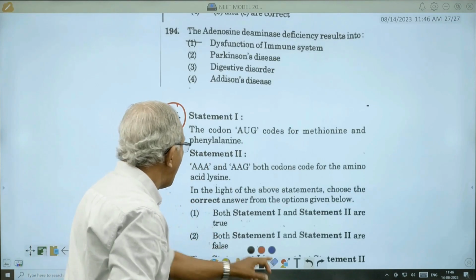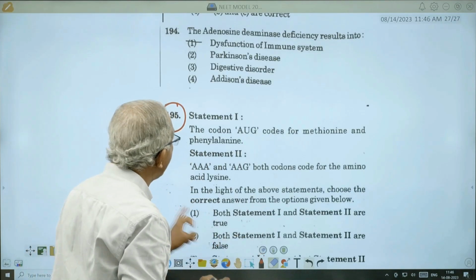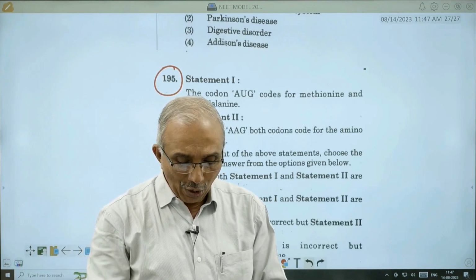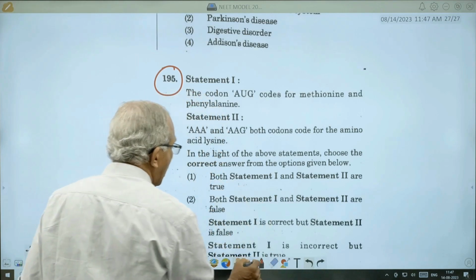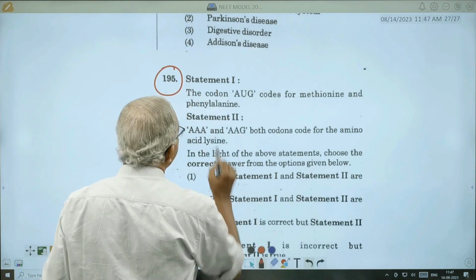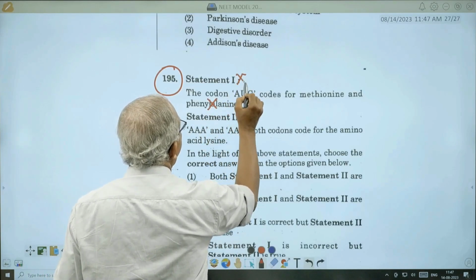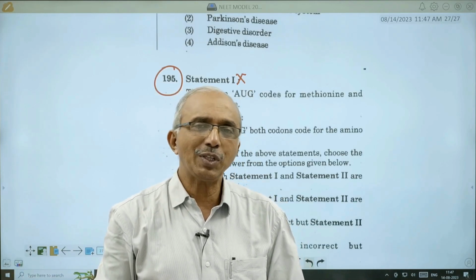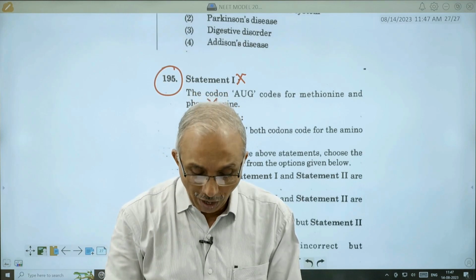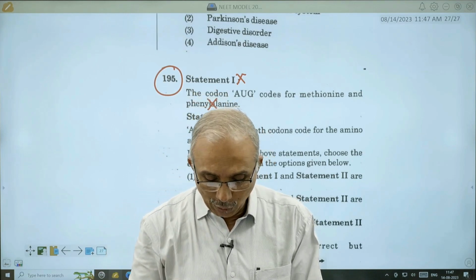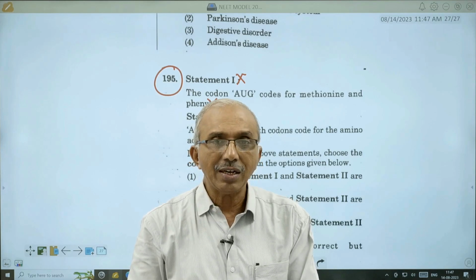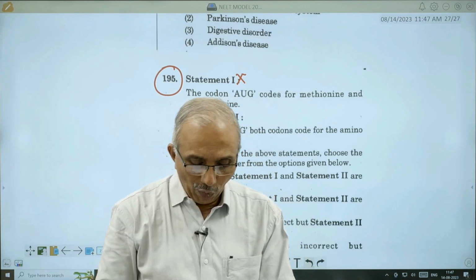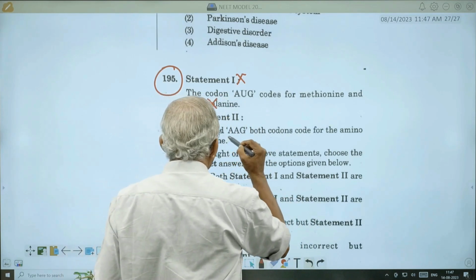Two statements are given. Statement 1: codon AUG codes for methionine and phenylalanine. It is wrong. AUG codes only for methionine. Statement 2: AAA and AAG both codons code for the amino acid lysine.